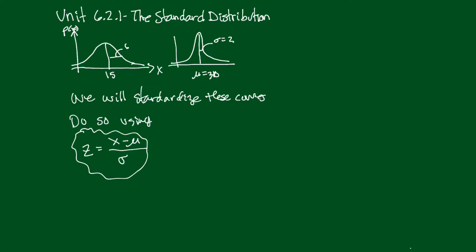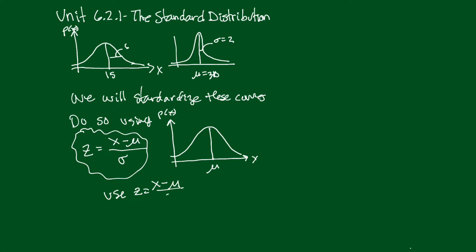So we can get an idea of what happens if we make a little drawing here. If we go to our x's, x and p of x, draw a normal curve here. That high point we know is the mean. If I want to standardize this, I can use this formula: z is equal to x, my raw score, minus the mean, over sigma.